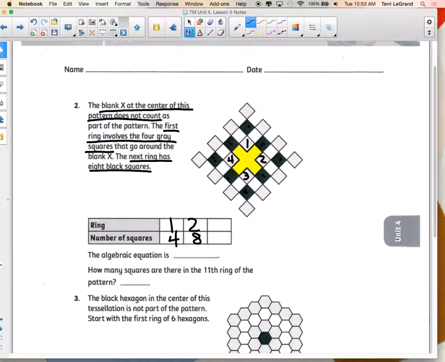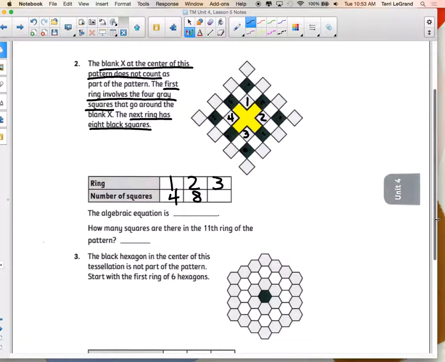Well, now we are going to figure out how many there are in ring 3. Will they be black or will they be just lightly shaded? Lightly shaded. So if we start counting them, we could start with this one. So 1, jump over, 2, 3. Go ahead, count those around.